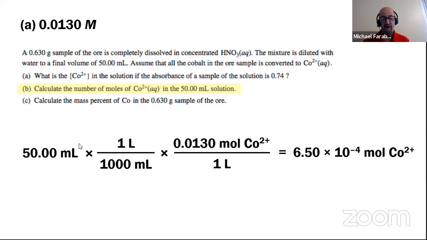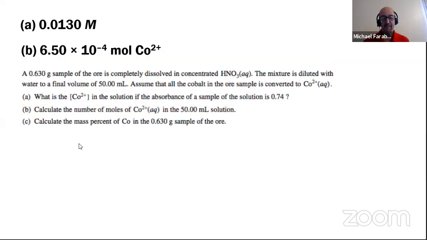In part C, they are asking us to calculate the mass percent of cobalt in this 0.630 gram sample of the ore. So that means that only a small fraction of that sample is actually cobalt. So we have to do a ratio of grams of cobalt divided by grams of the ore. On the periodic table, we see that the molar mass, which comes from the atomic mass of cobalt, is 58.93.